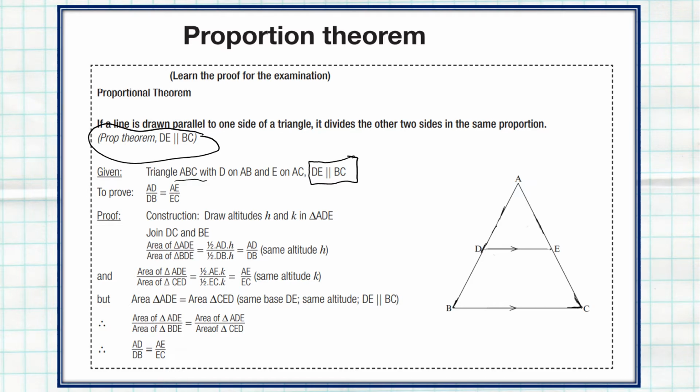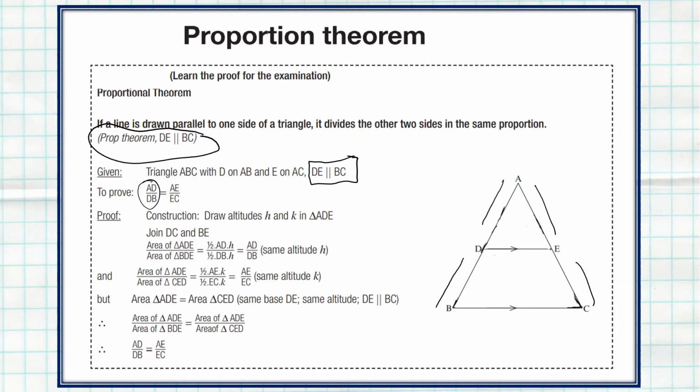What are we supposed to prove? We are supposed to prove that indeed the two sides are in the same proportion. It means indeed that a line drawn parallel to one side of a triangle divides the other two sides in the same proportion. In other words, we are supposed to prove that AD over DB will also be equal to AE over EC.